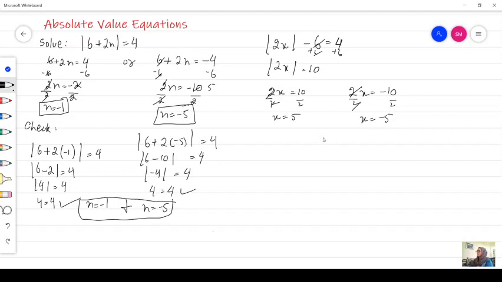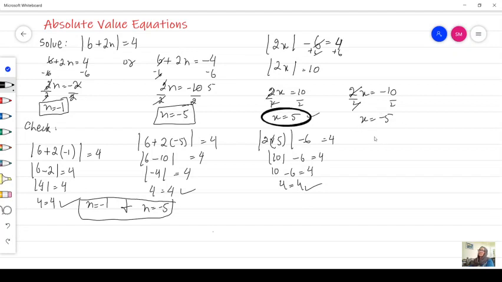Okay, so let's try. I'm going to plug in 5 first in the original equation. The absolute value of 2 times 5 minus 6 equals 4. So the absolute value of 10 minus 6 equals 4. When I take this out of the absolute value, it gives me 4 equals 4. So yes, this 5 is working.